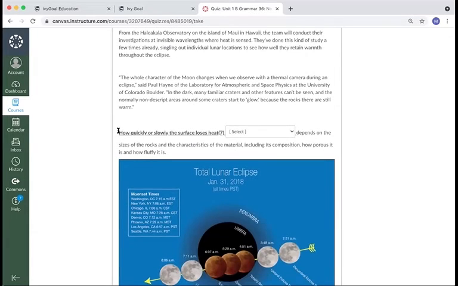Okay. Benjamin, I see you're eating dinner, but if your mouth isn't too full, do you think you can read that one? Okay. How quickly or slowly the surface loses heat? All right. That whole thing right there, which one of those is it? It's more than one word. Okay.